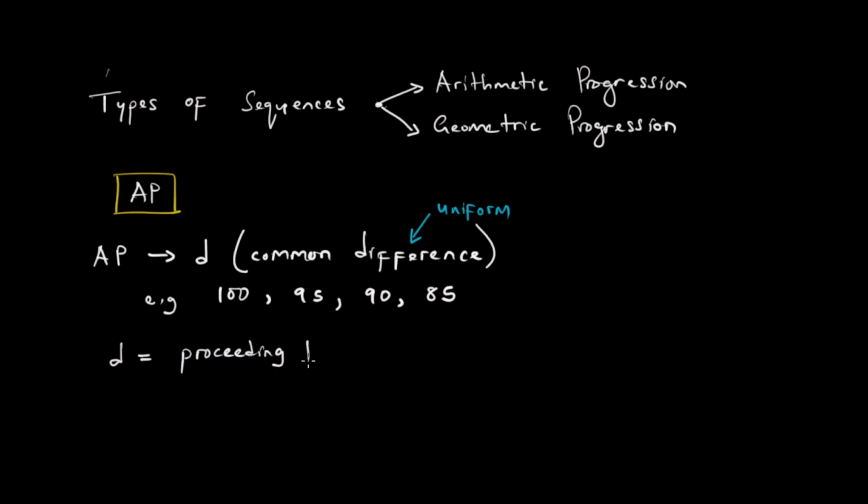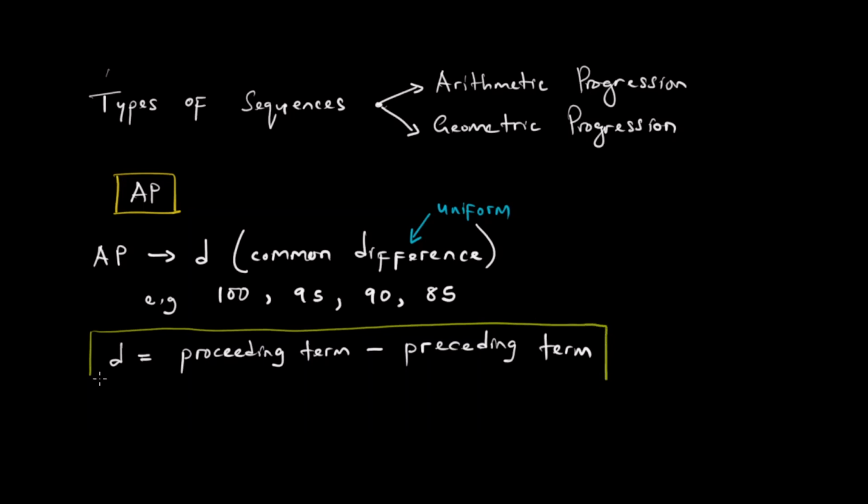So it's the proceeding term subtracting the preceding term. This is very important. With d, this is how we define that we have an arithmetic progression, if we have a uniform common difference like this.